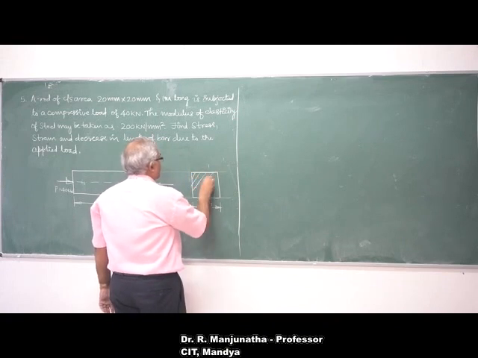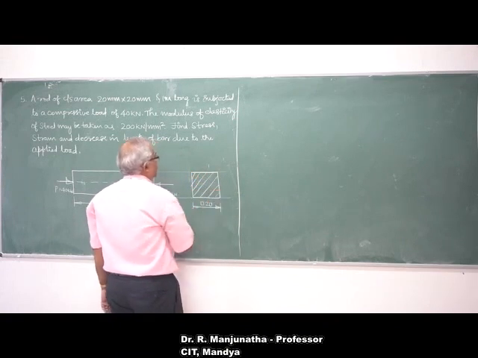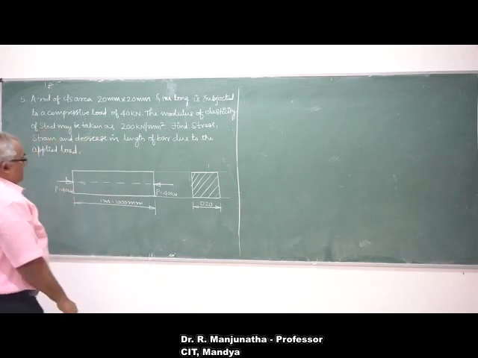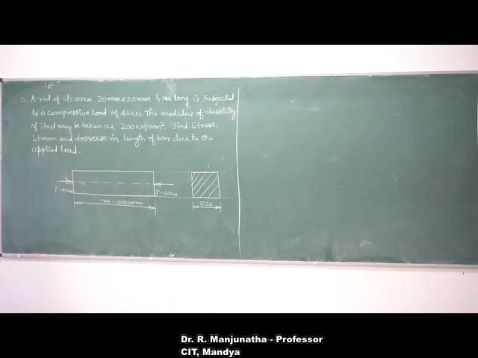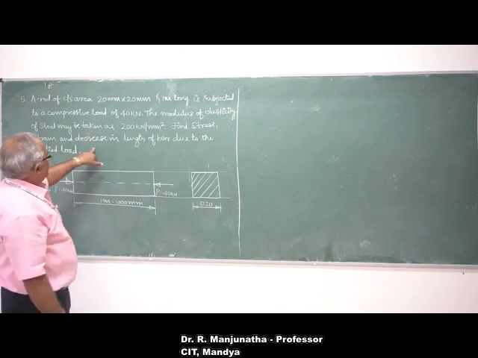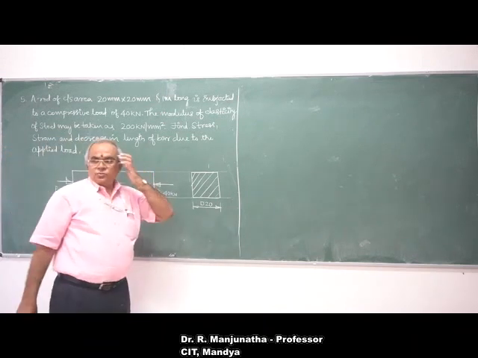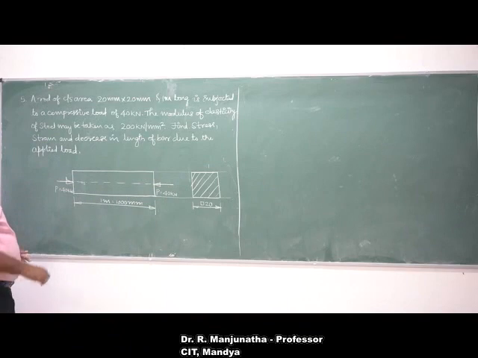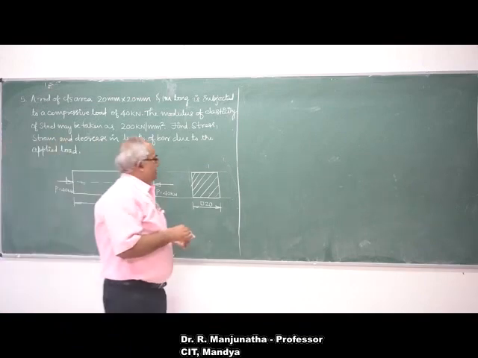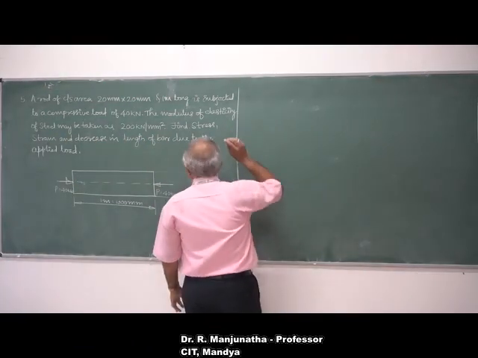This is the square cross section. We have to find out the stress, strain and decrease in length of the bar due to the applied load. Here, first we are going to write the data whatever has been given.